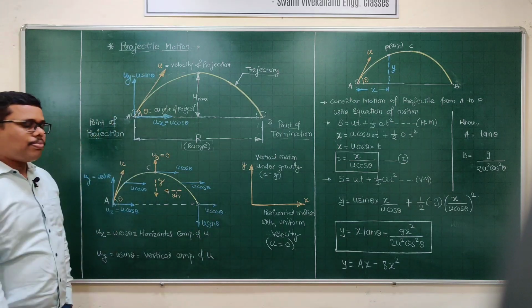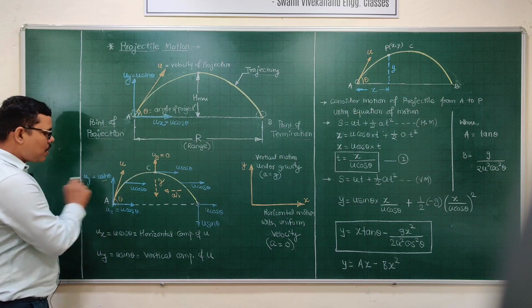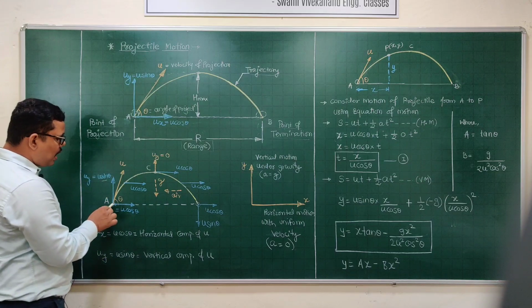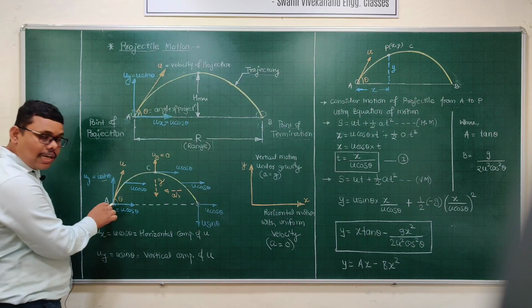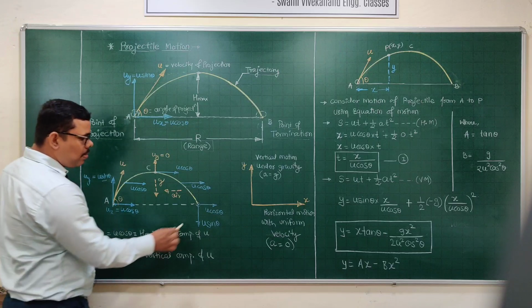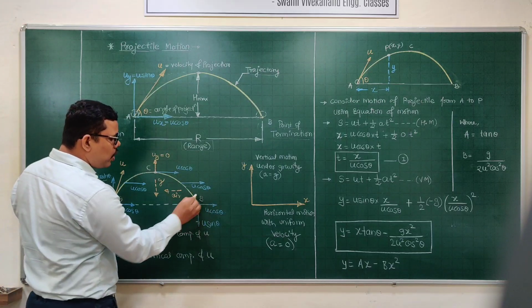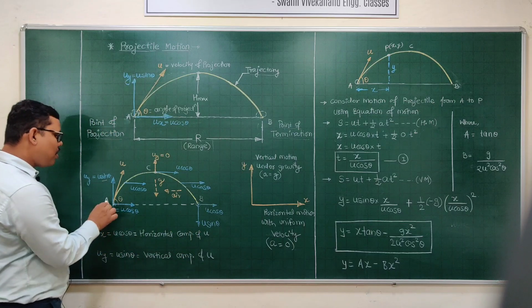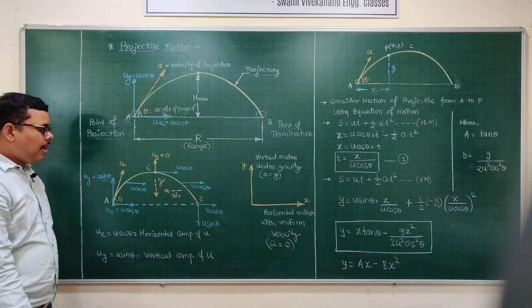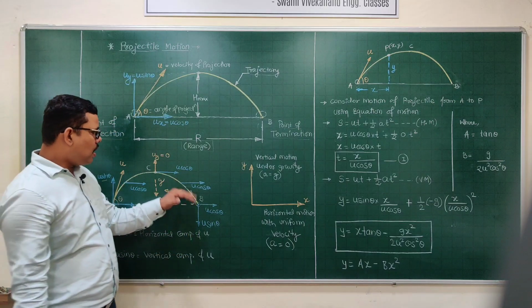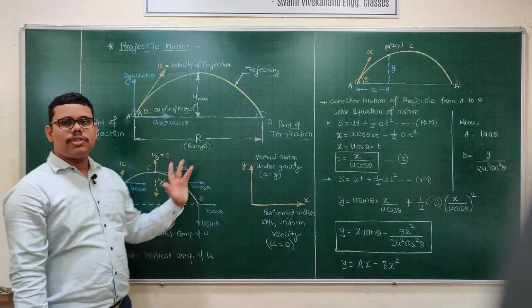Now for the y component of velocity, that is u sin theta. Here the y component is u sin theta at the point of projection. Similarly at point B, that is the point of termination, you will also get the component u sin theta. But in between, u sin theta will change.